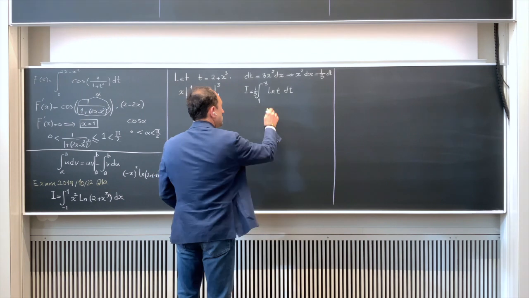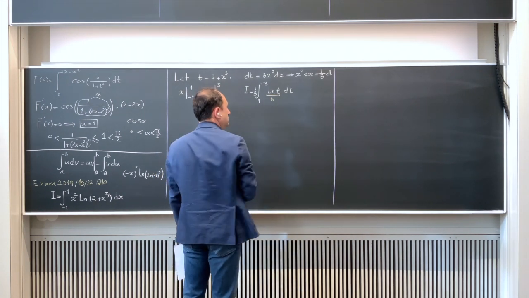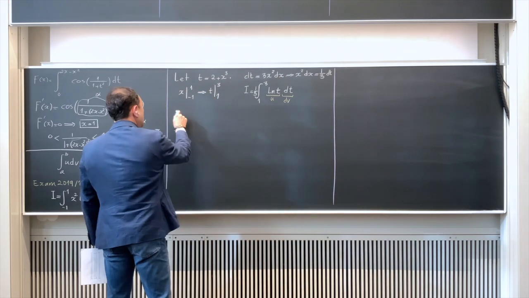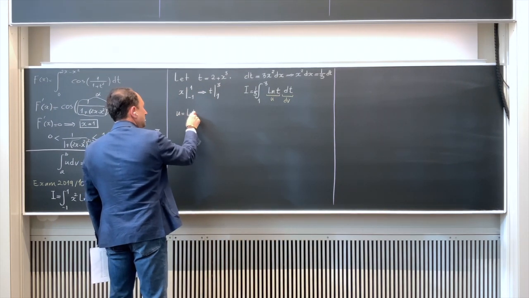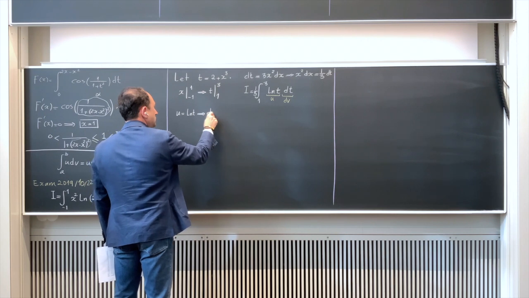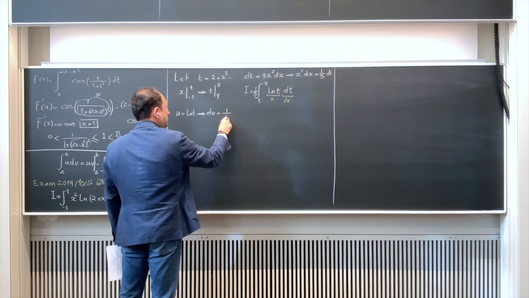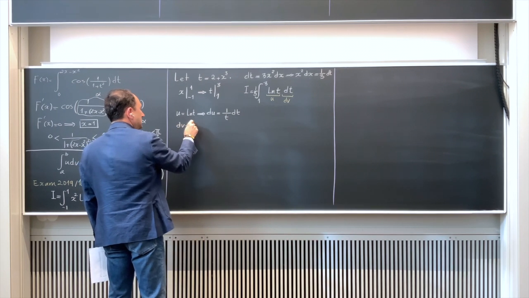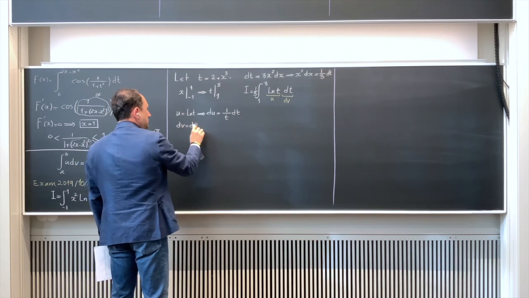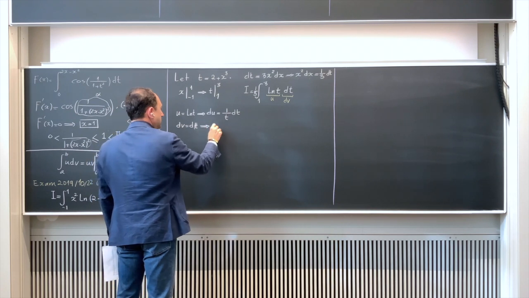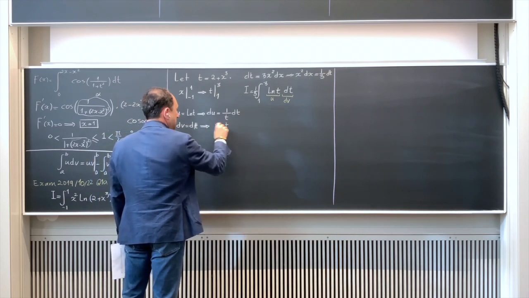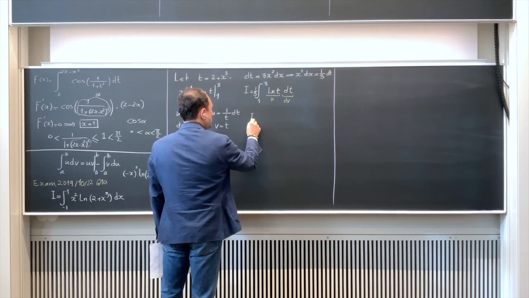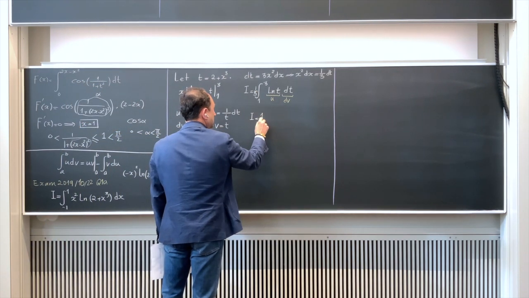We take ln t to be u, and the leftover to be dv. So du is 1 over t dt, and dv is dt, so v is equal to t. Then the integral I is 1/3.